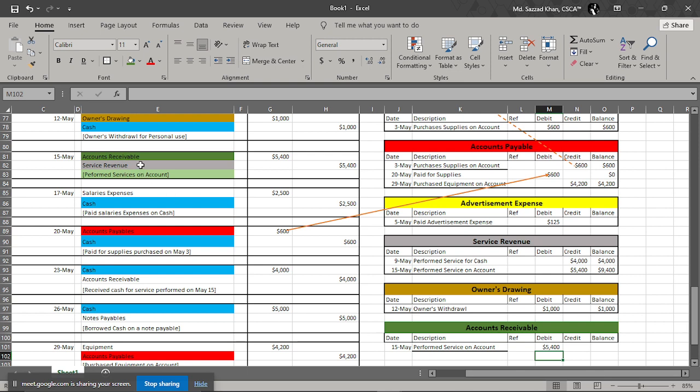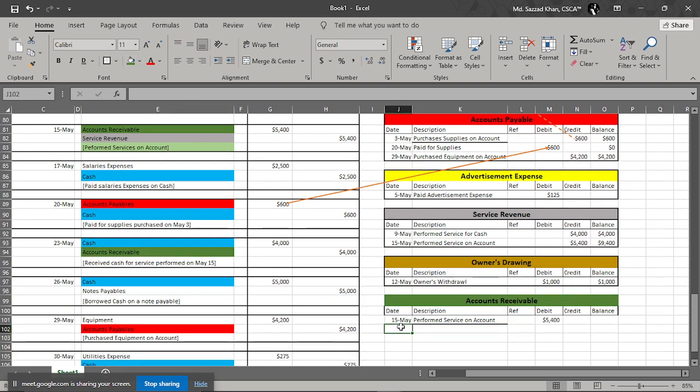And now we need to see is there any other accounts receivable? Yeah, we found another one. Okay, so it was on May 23rd, right? What happened? Received cash for service performed on May 15, right?